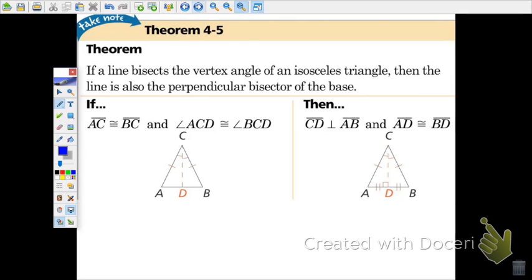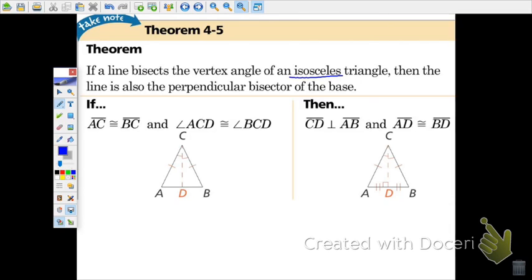Something else that we want to think about, and this is not a particular page in your interactive notebook, but is something that you will want to write down on this isosceles triangle page somewhere. Depending on how you glued that page in, you've got room to write, because this does apply to isosceles triangles.